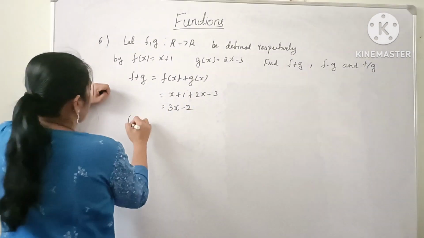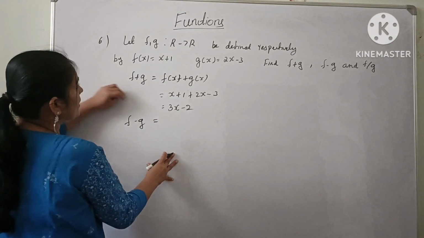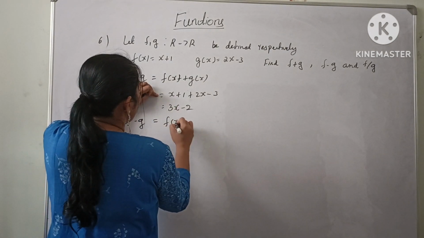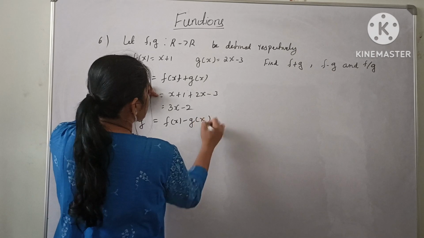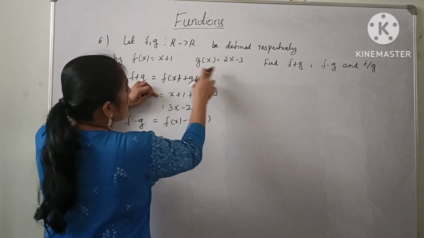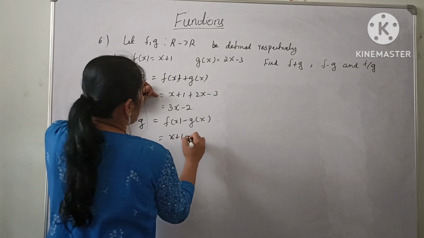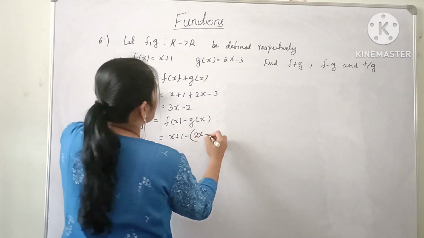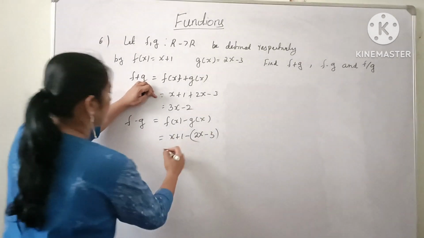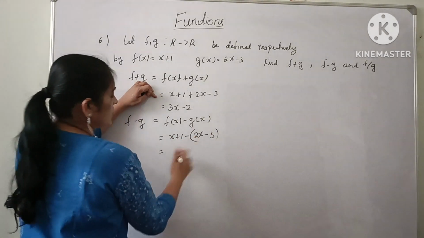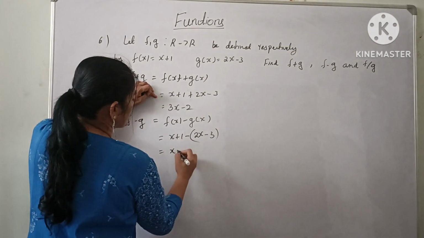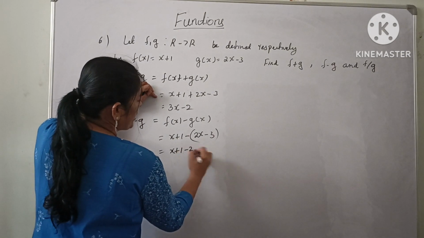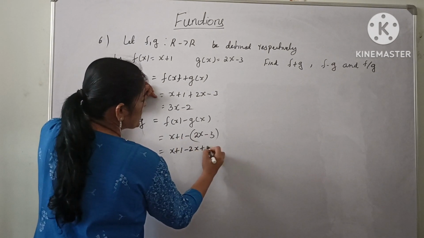Okay, that's all. f minus g, f of x minus g of x, that is x plus 1 minus of 2x minus 3. First of all, let us simplify this one. x plus 1 minus 2x plus 3.